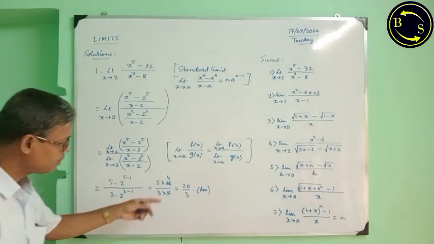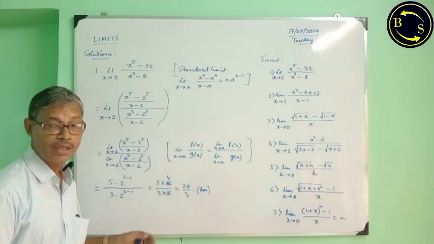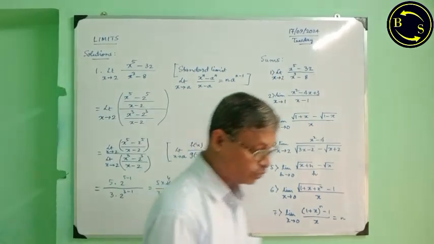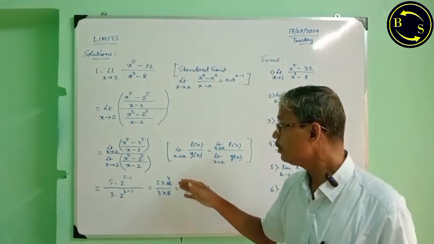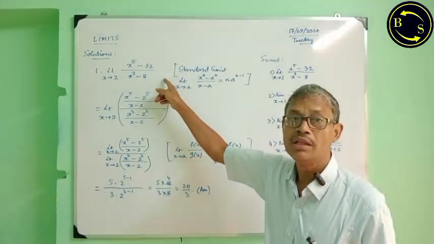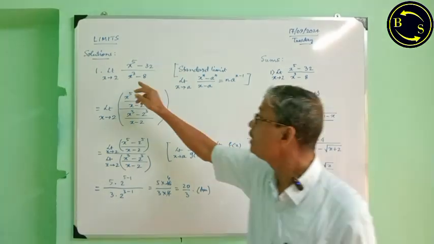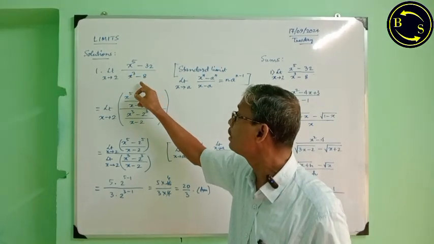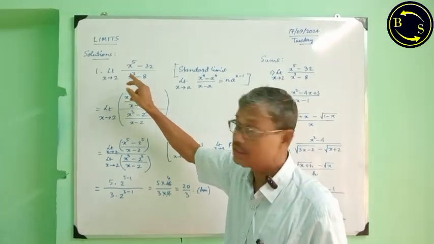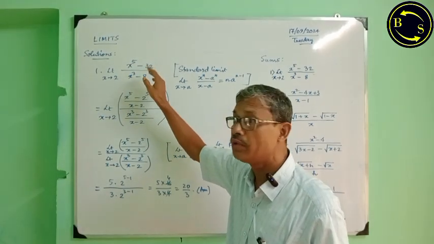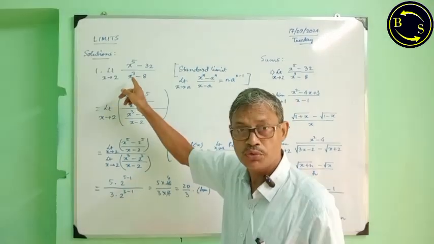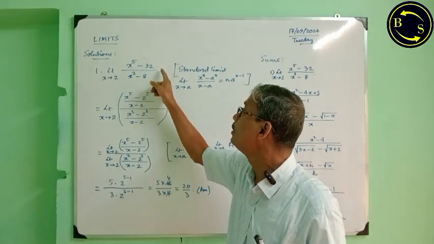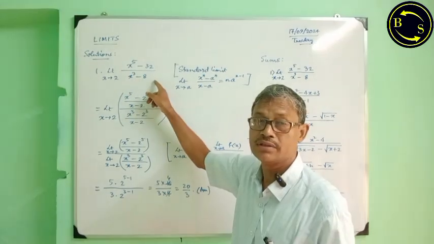After calculation, we get the result 20 by 3. Now, the students will see we can also evaluate this limit by resolving into factors the numerator and denominator. After checking that both numerator and denominator vanish for x equal to 2, we can resolve into factors.